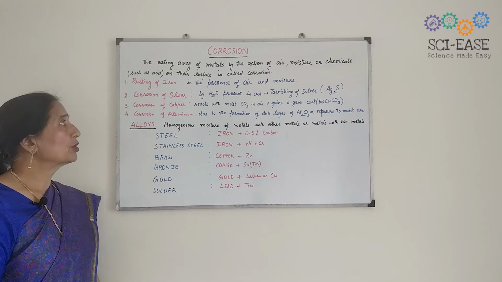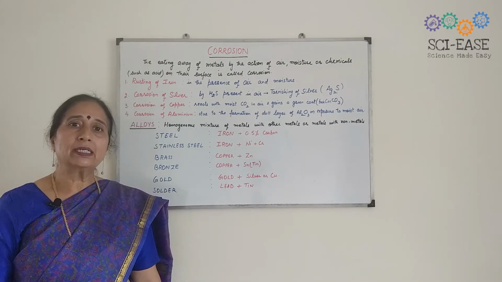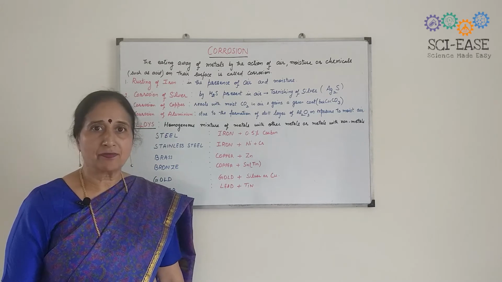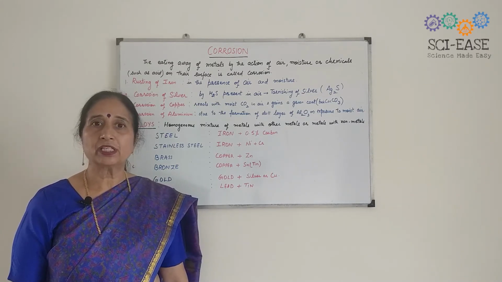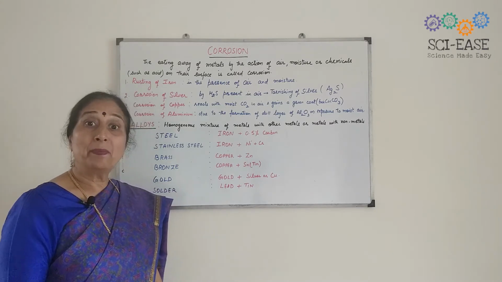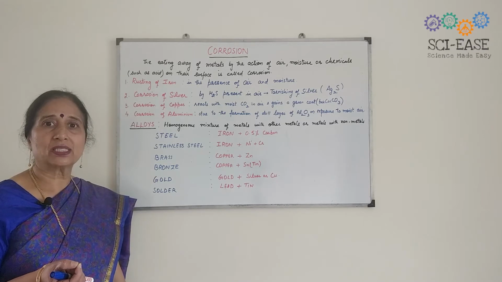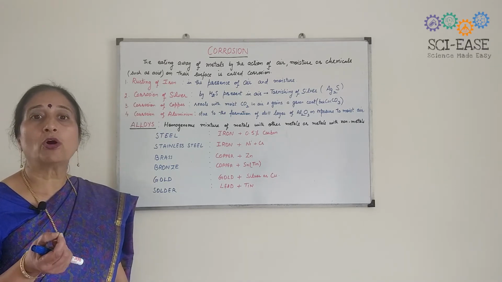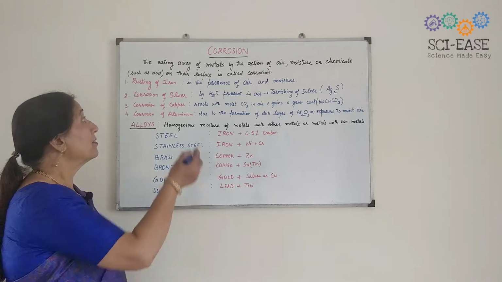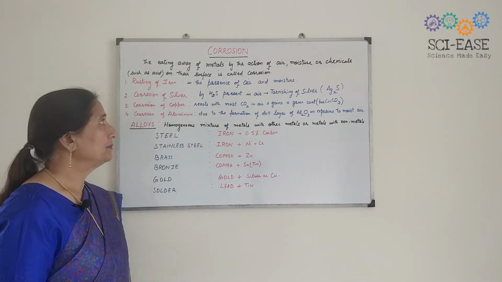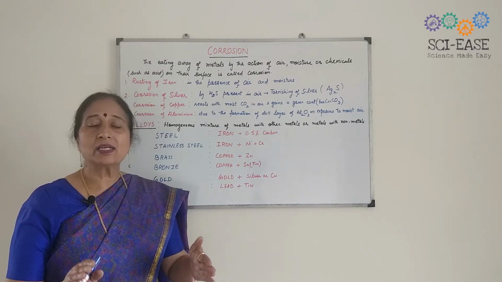Second is corrosion of silver. You know that silver is an unreactive metal. It has no reaction with air. But a very small amount, in traces, of hydrogen sulfide present in air reacts with the silver and tarnishes it.